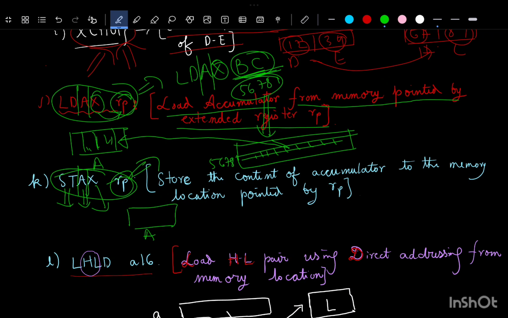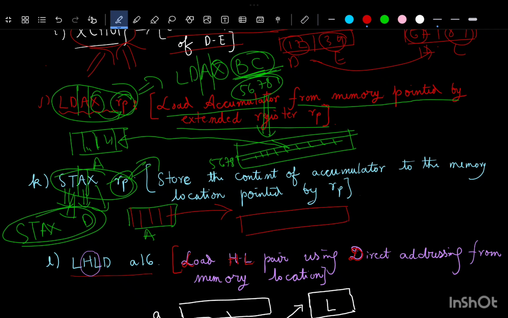Let's take an example, STAX D. If this is the instruction, the content of the accumulator is loaded to a memory location which is pointed to by this DE pair.